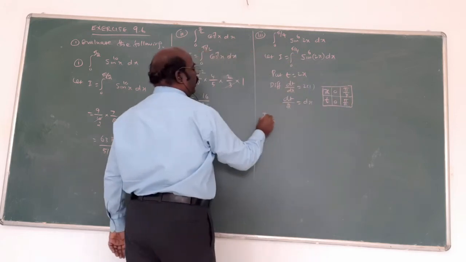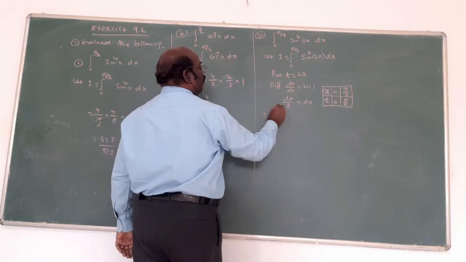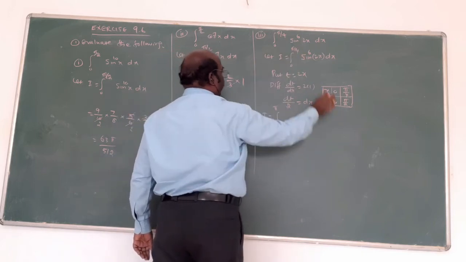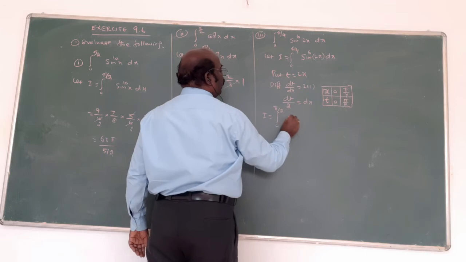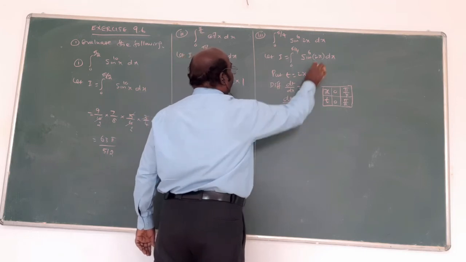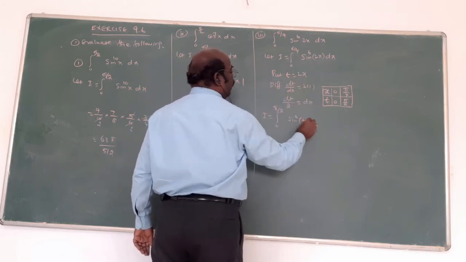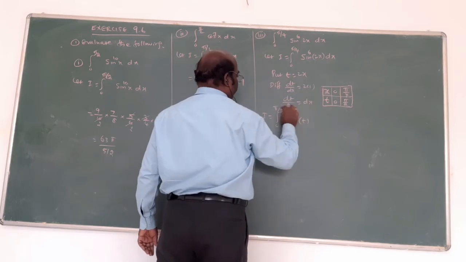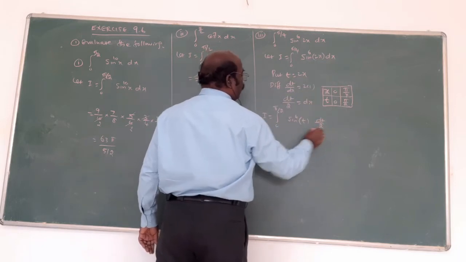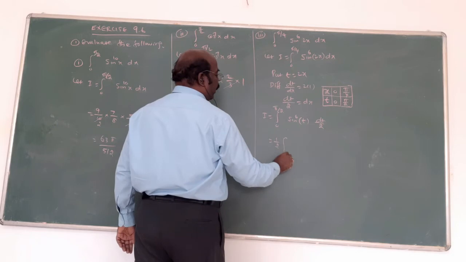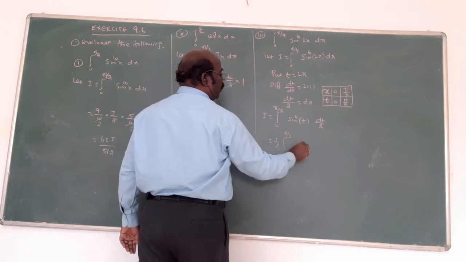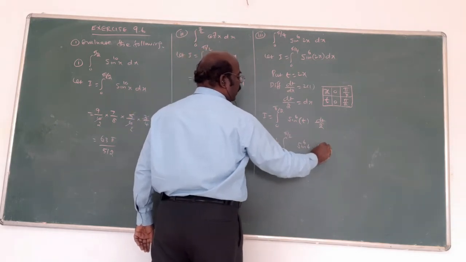Now substitute: I equals the integral from 0 to pi by 4 becomes 0 to pi by 2. Sin power 6 of 2x becomes sin power 6 of t. The dx becomes dt by 2. Now 1 by 2 is a constant, taken outside: 1 by 2 times the integral from 0 to pi by 2 of sin power 6t dt.